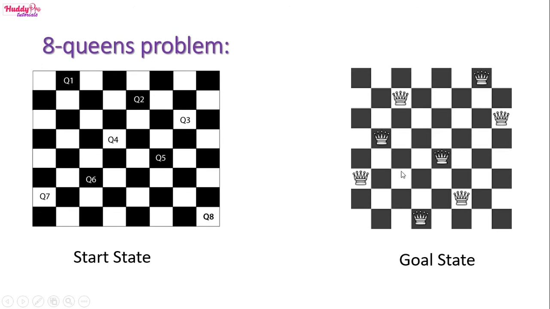So there can be several arrangements. There is not only one definite solution. So that's the 8 queens problem. From this figure, we can see that this is a correct solution. Okay, so that's the 8 queens problem, and that's an example of a toy problem.